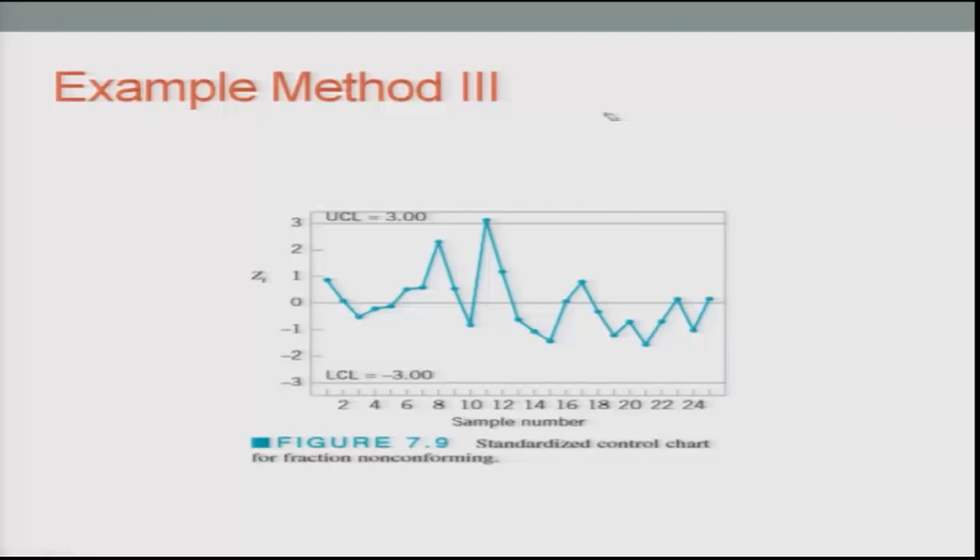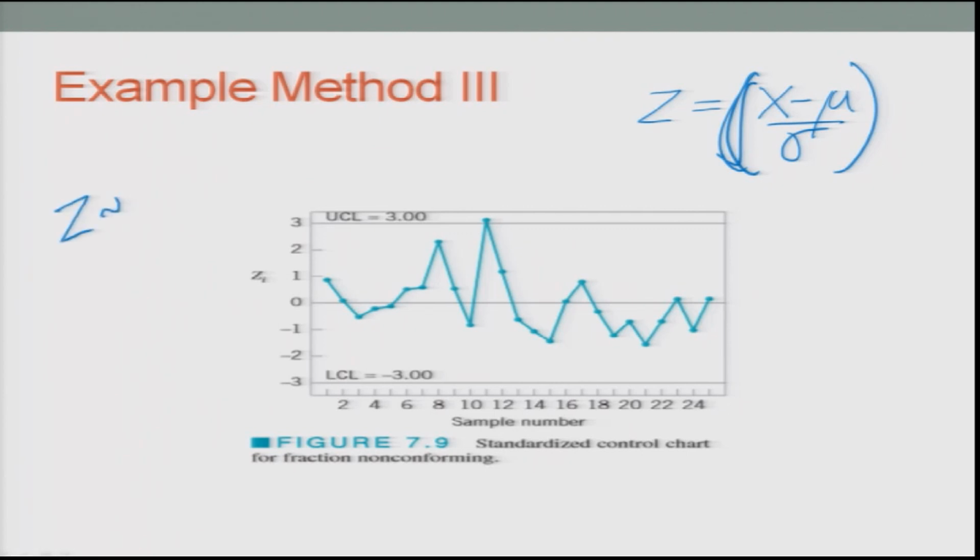Now, you have already converted x into Z using the standard normal deviate. The interesting issue is Z has a normal distribution with 0 mean and 1 standard deviation.